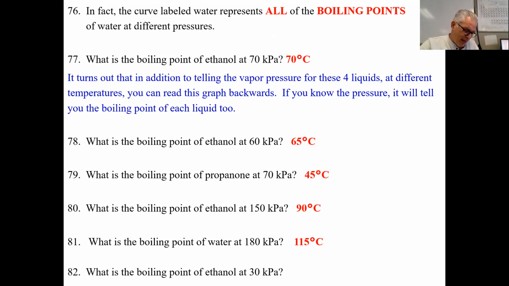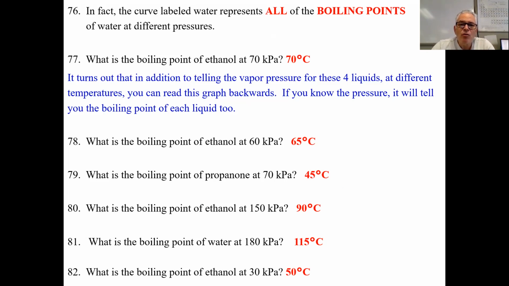So at 30 kPa, I gotta go on the left y-axis, 30 kPa, slide across to ethanol, and I guess I'm gonna put a triangle there. And I look down, and it appears to be 50 centigrade.